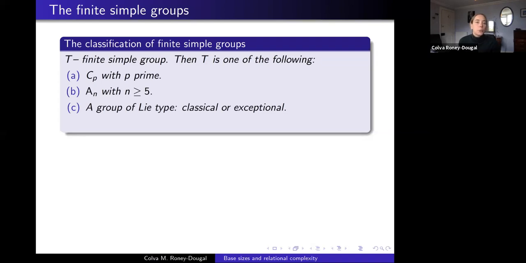It can be a group of Lie type. I'll talk a little bit more about that in a bit, but there's 2 main sorts of that. They could be a classical group or an exceptional group. So that's really where the majority of the examples lie. So all of these families so far are infinite, but in some sense the groups of Lie type are the most infinite. Or finally, there's magically just 26 leftovers that don't fit into those 3 infinite families.